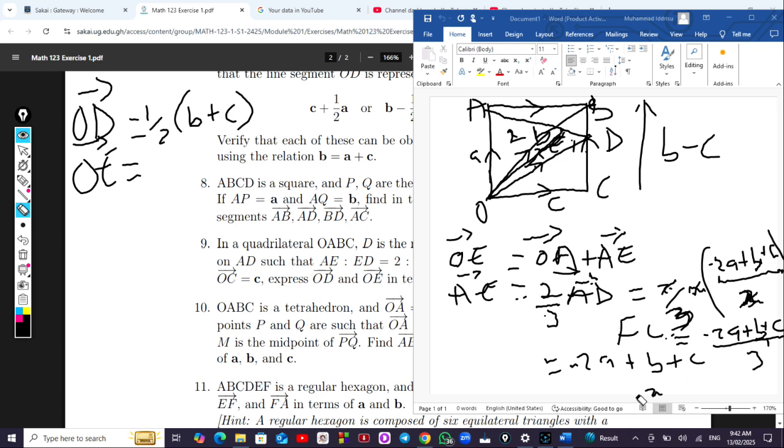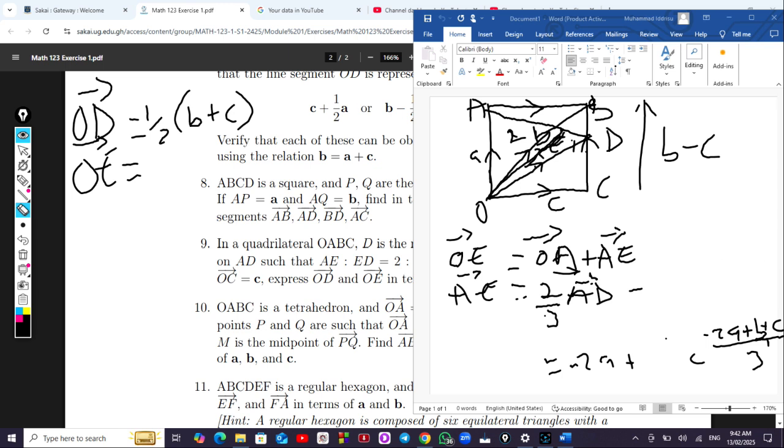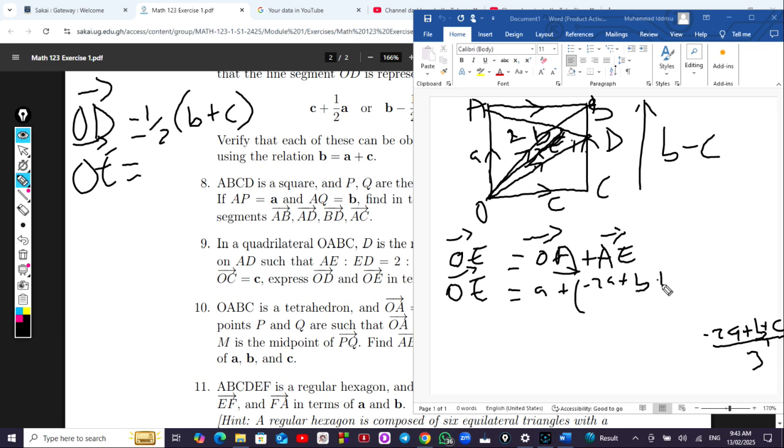So OE will be equal to OA, which is A, plus AE, which is minus 2A plus B plus C all over 3.